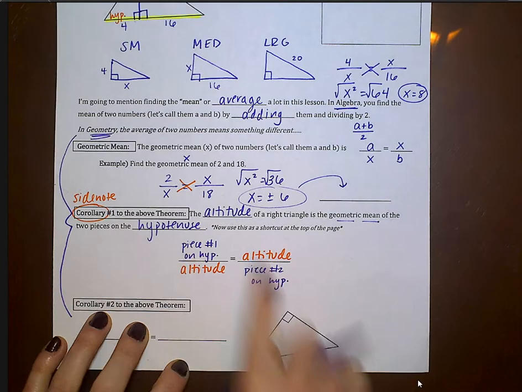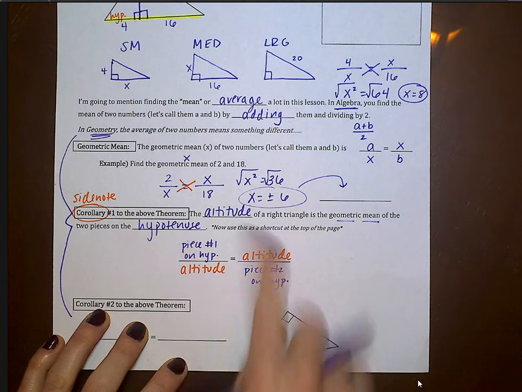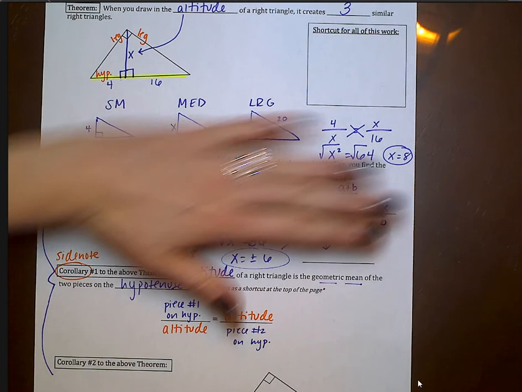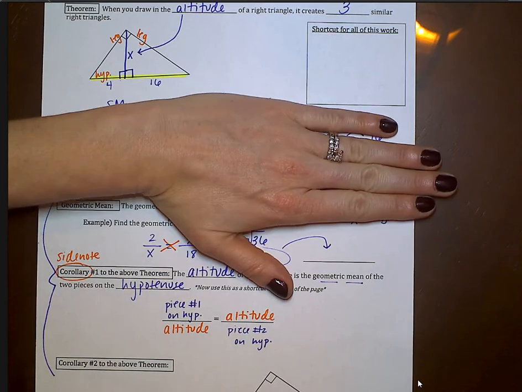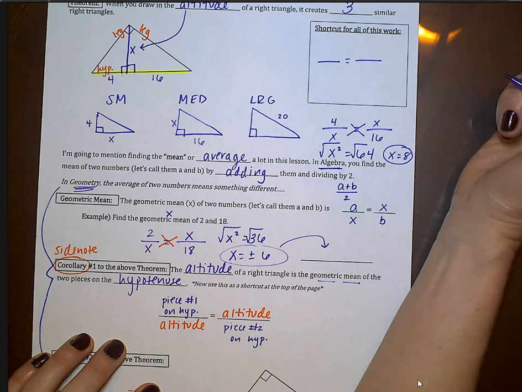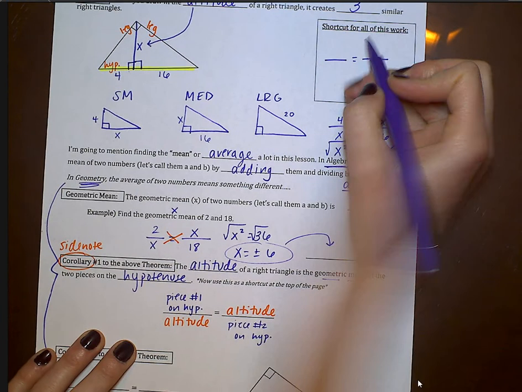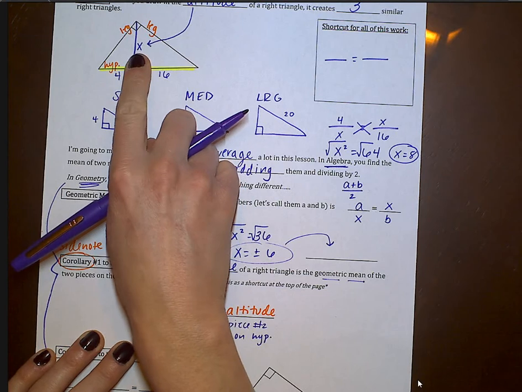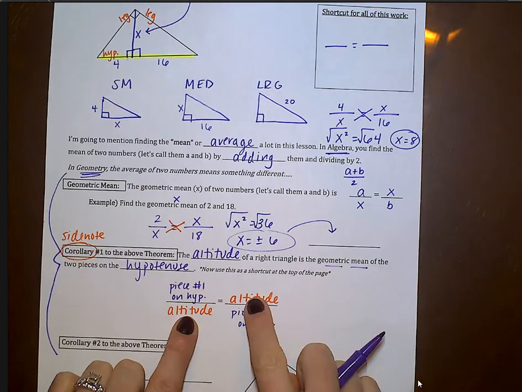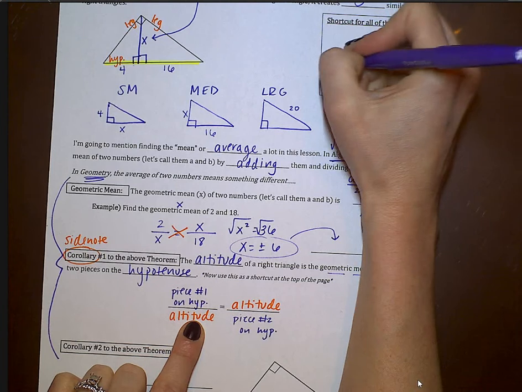So watch, I'm going to use this shortcut right here to solve this problem. So I'm avoiding all of this work right here. Once I memorize this shortcut, and you guys will, if you practice, I would see, oh look, I'm trying to find the altitude on this problem. I know that the altitude can slide into that diagonal, and it's x, so you'd put it in both slots.